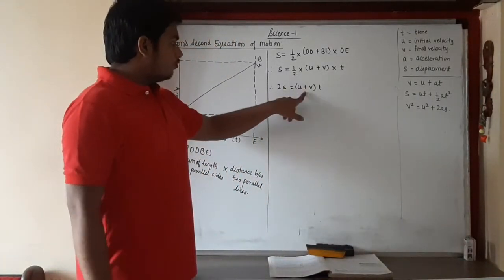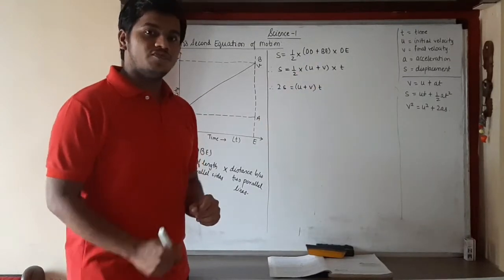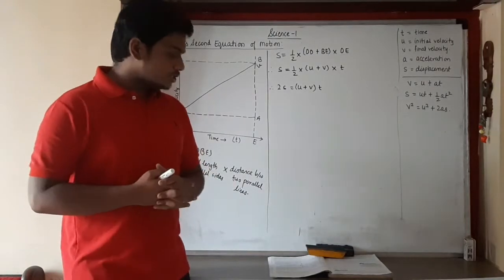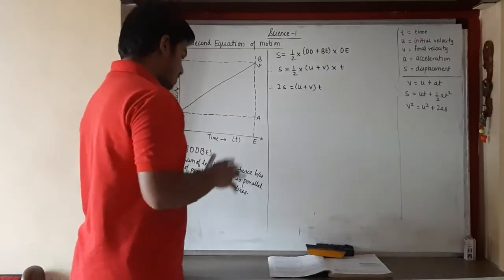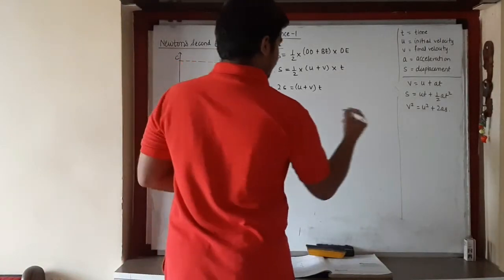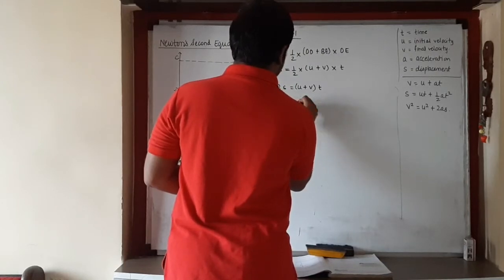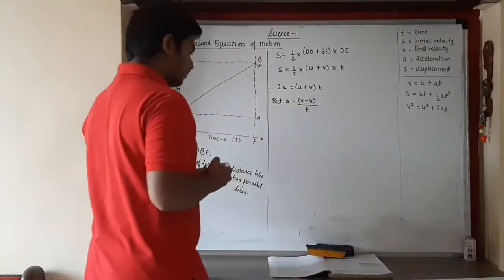Now we want to convert this expression into the expression of acceleration. So for that, what do we require, students? We require the formula for acceleration. Now students, remember, what is acceleration? Acceleration is v minus u divided by time.